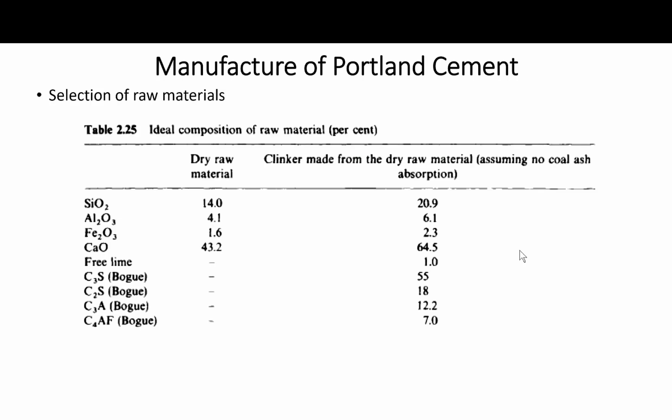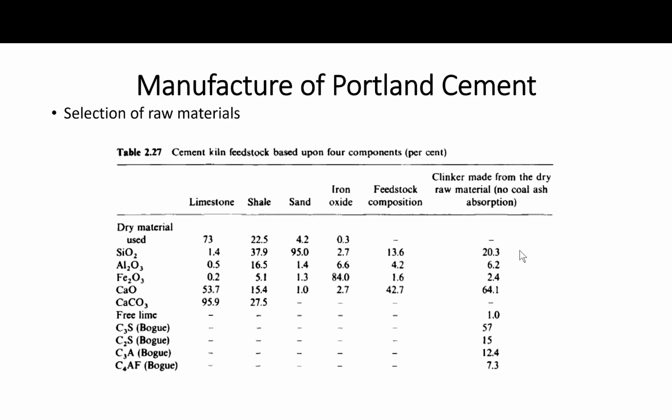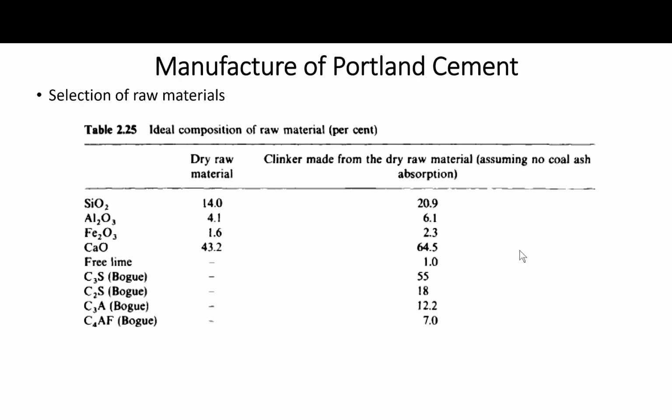Okay, how do we know how much to get of each material? See these tables on the next slide, I'll talk about them quickly. These are from reference number 2, by the way. These tables show the required raw material composition in order to produce cement with certain phase composition.